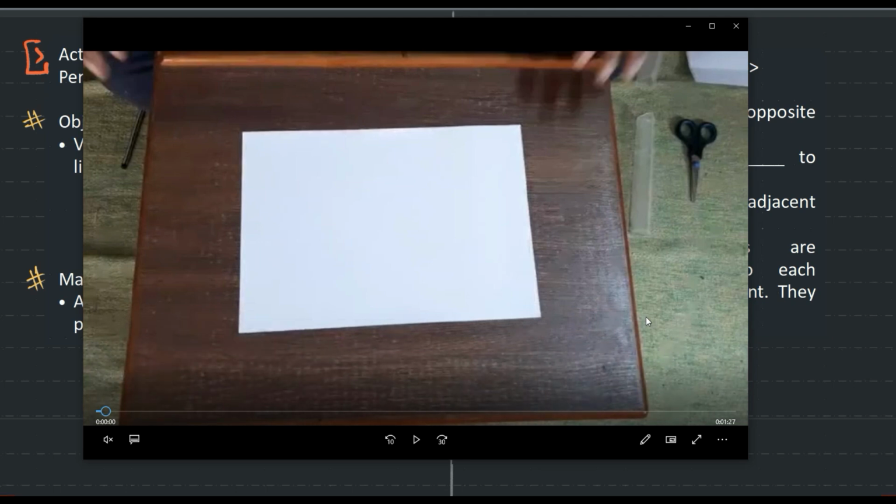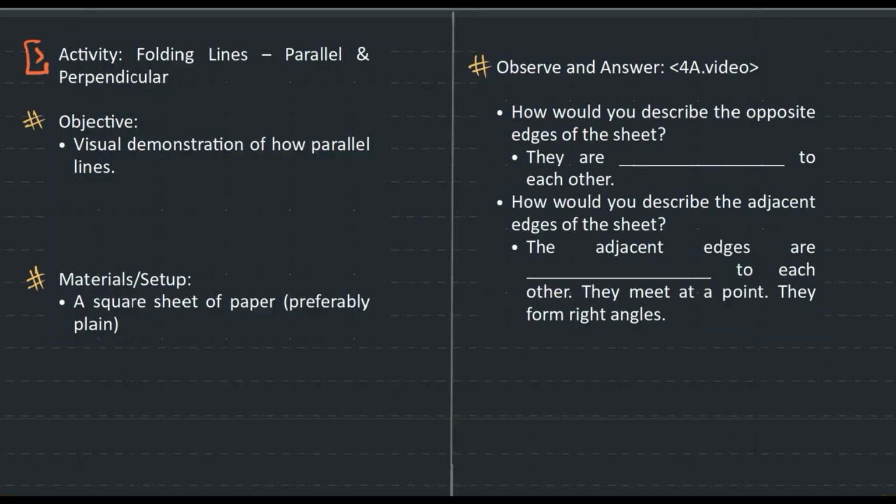Left and the right, those are also your opposite edges. Now, how would you describe them? Yes, they are parallel to each other.